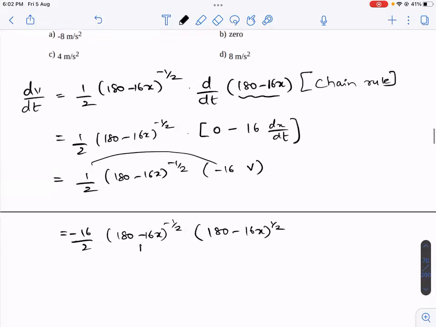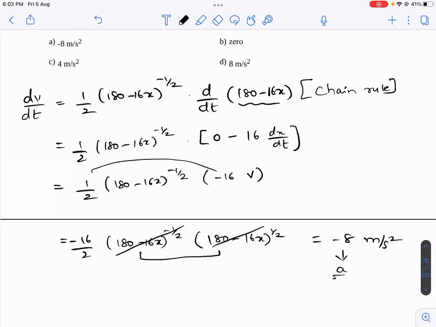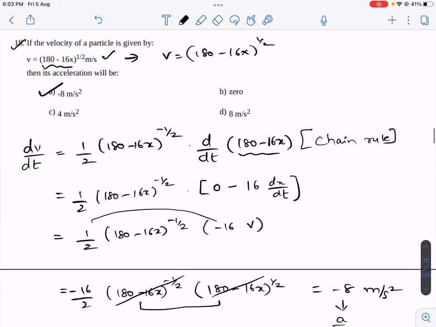Now what will happen to these two quantities? Yes, they get cancelled. Hence, you are left with minus 8 meter per second square. And this is going to be the required acceleration. So acceleration is minus 8 meter per second square.